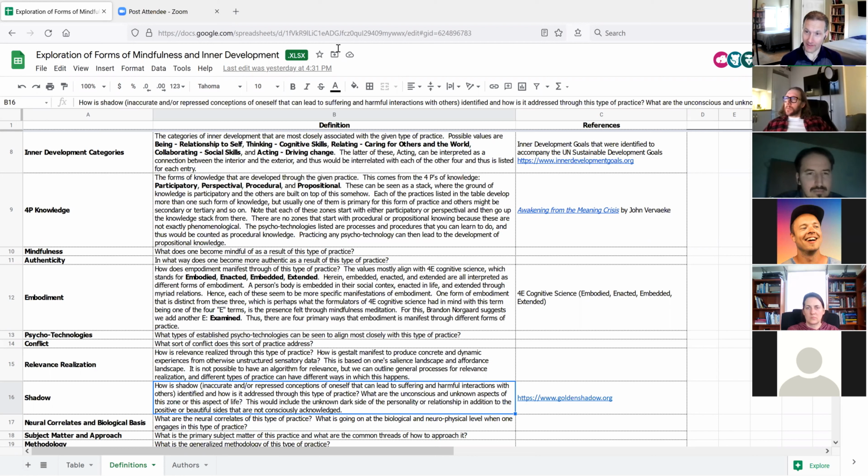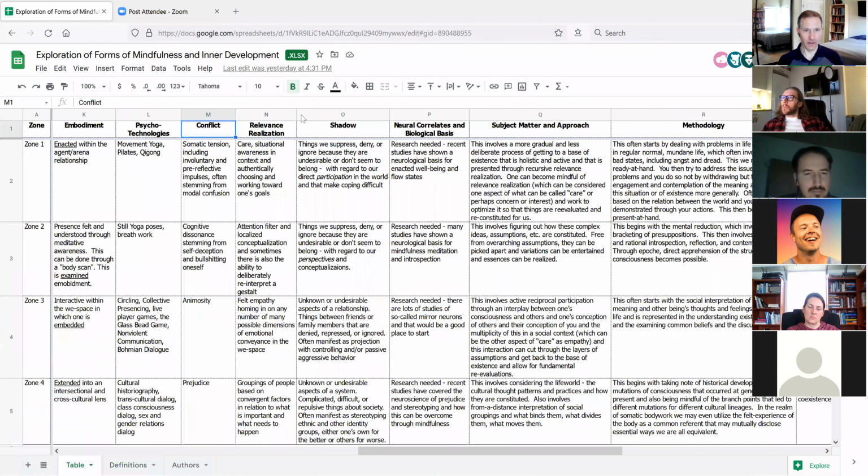goldenshadow.org. The two of them did a series on the Stoa, and I watched it. The way they are talking about different kinds of shadow, not just in the subjective realm but also the intersubjective realm, seems to align with this, so I figured I could correlate that here. A lot of this I just pretty much copied from what they said.